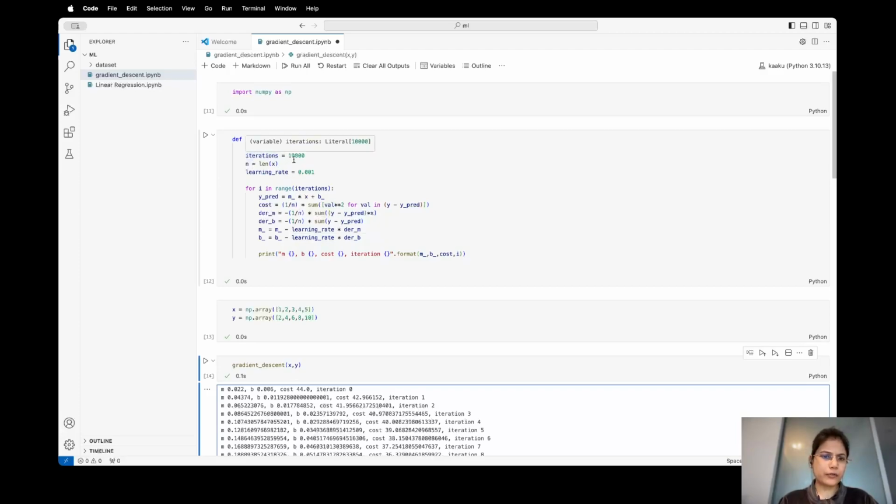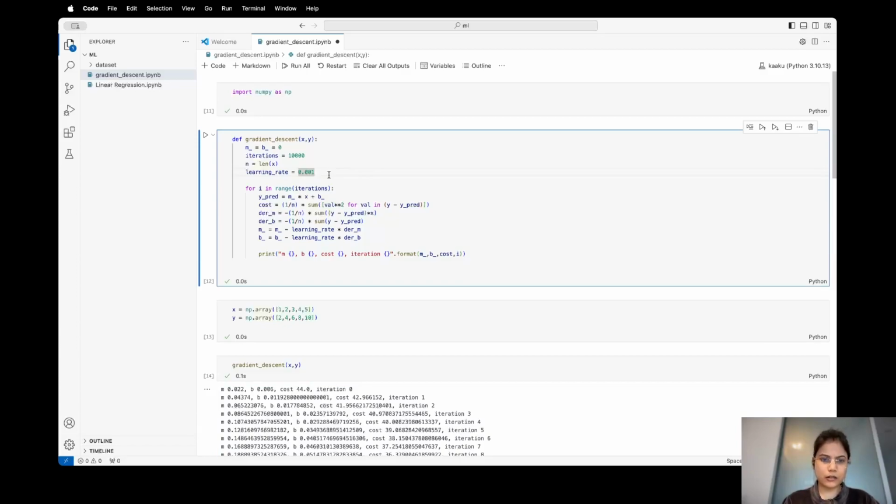You guys can try with different combinations of values and different learning rates. Here I have taken 0.001. You can take it as 0.0001 or 0.01, 0.05, or say 0.1.